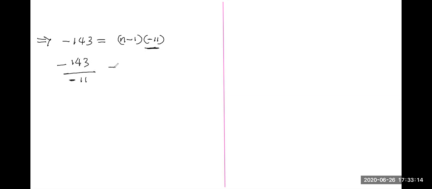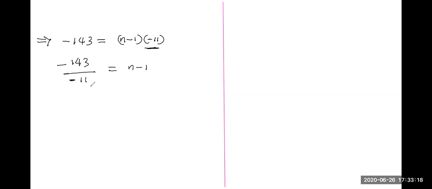So that implies minus 143 is equal to n minus 1 multiplied by minus 11. When we divide both sides to detach minus 11 from n minus 1, we have minus 143 divided by minus 11 is equal to n minus 1.